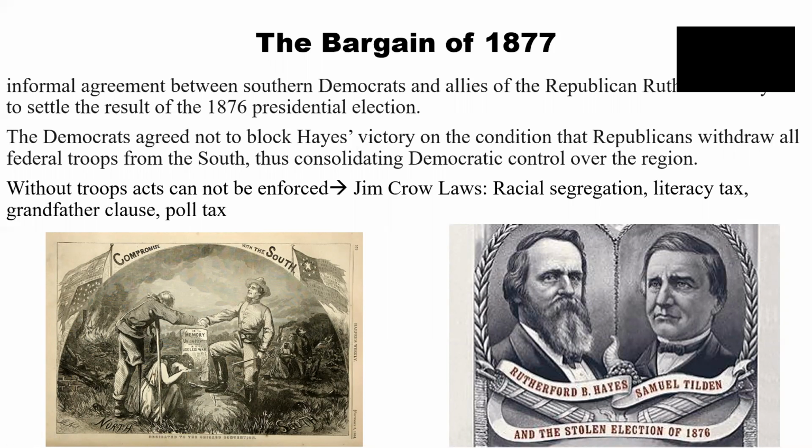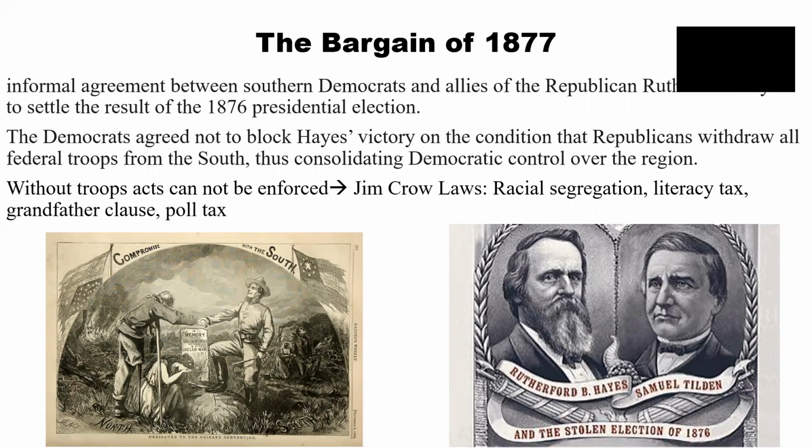This is important because without troops, the acts that were passed during the Reconstruction era, like how African Americans have the right to vote and the right to equal protection, cannot be enforced.